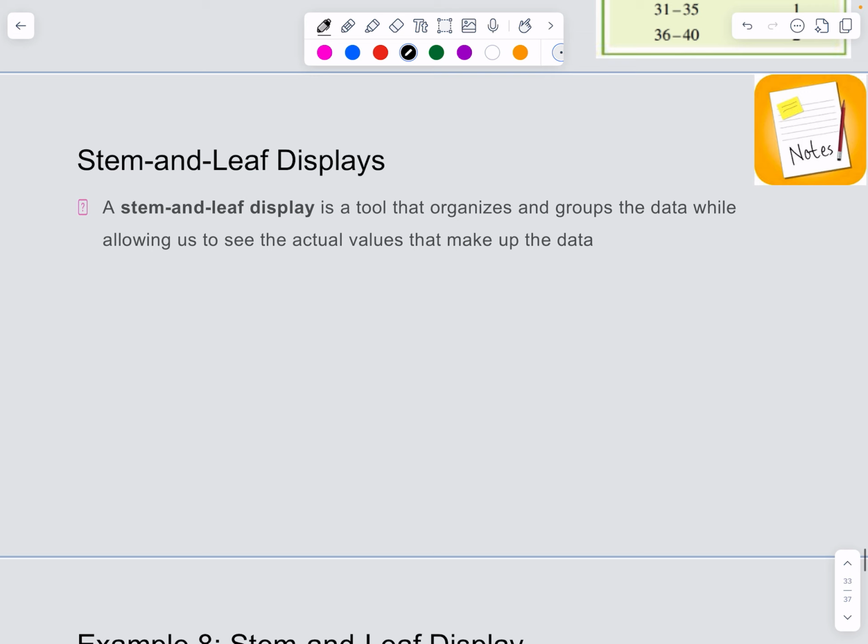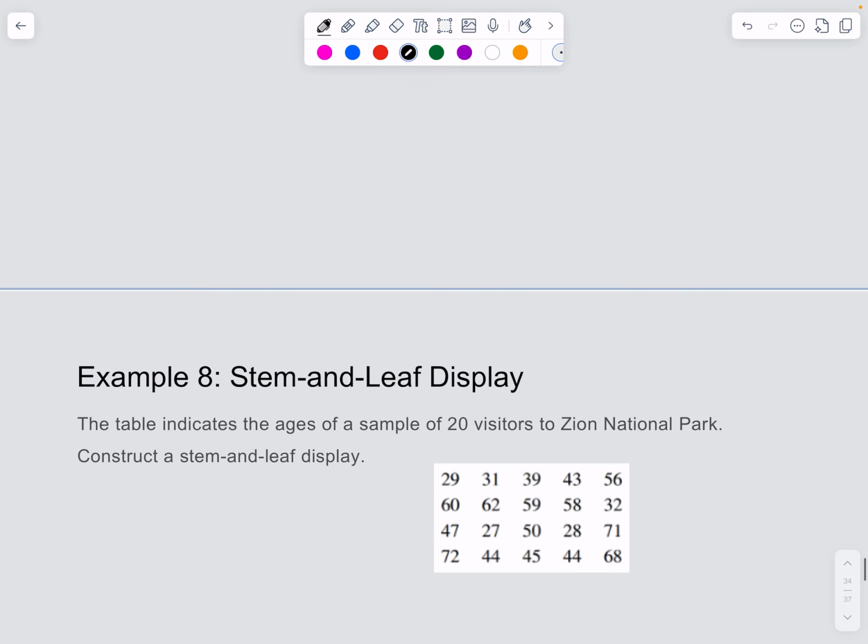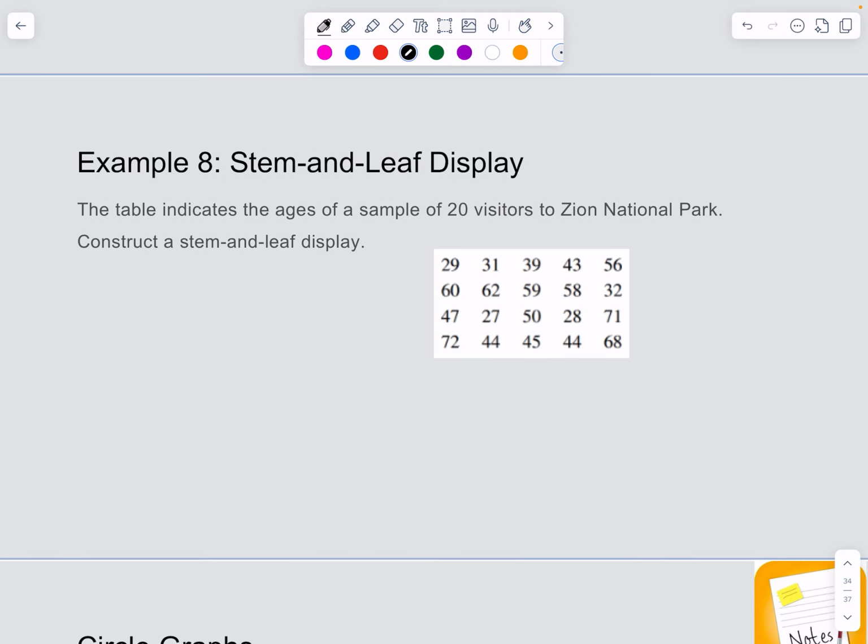Okay, let's look at a stem and leaf display. We have a way to organize and group data that allows us to see all the values, and that's our stem and leaf. Here's some data, 20 visitors at the national park. The first thing I do is go through and find all of the beginning values.